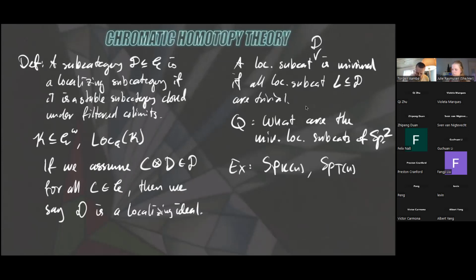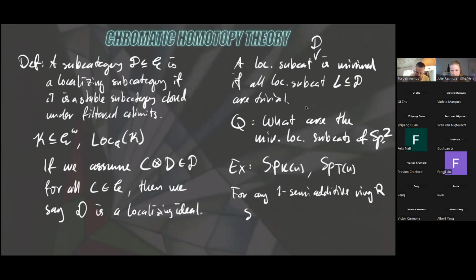For those in the know, if you have a one semi-additive ring R, then SPR is also a minimal localizing subcategory, and it sits between these guys.